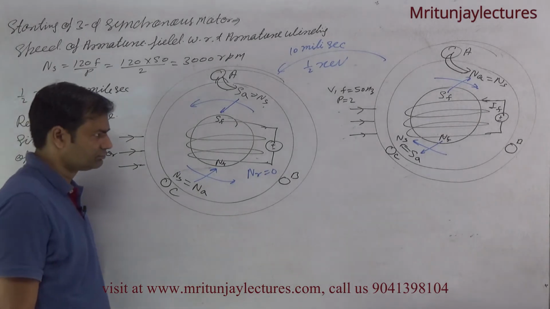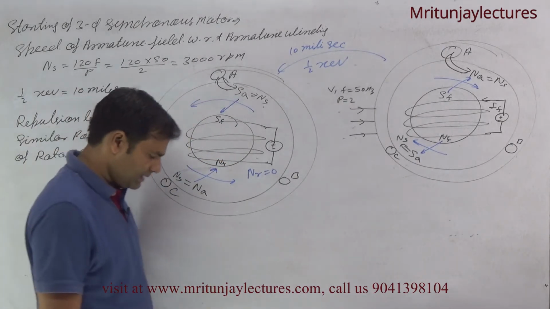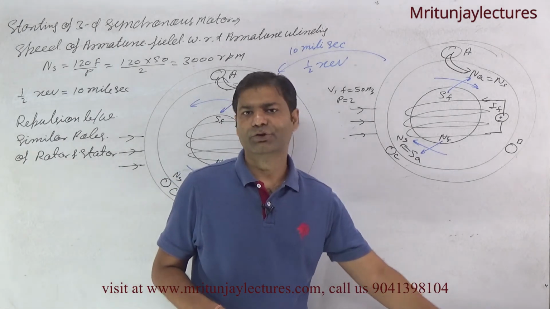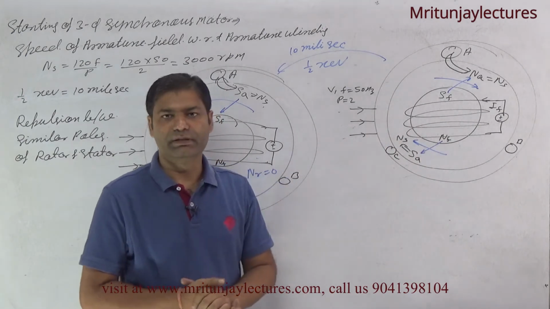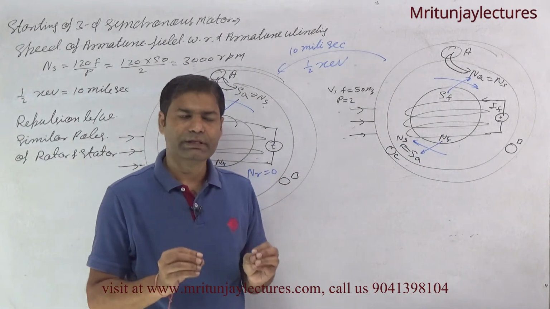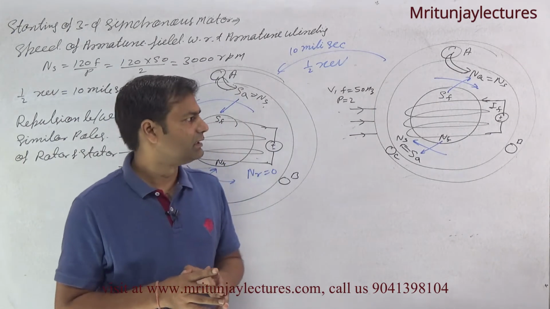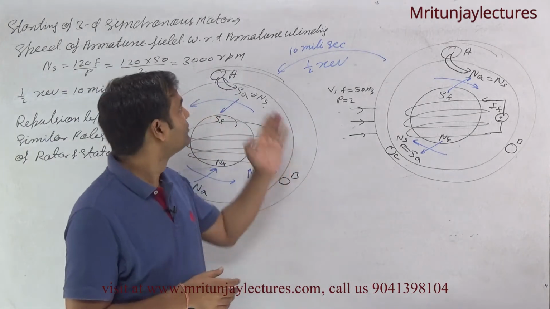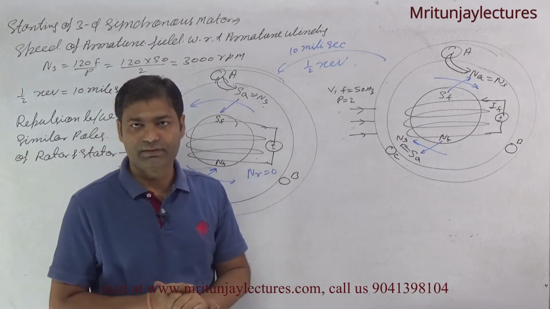Now, what about NR? It is 0. Why? The rotor is not rotating initially, due to inertia. Even if load is not connected to the shaft, the shaft already has mass, so it cannot pick up a higher speed corresponding to 3000 rpm in 10 milliseconds.